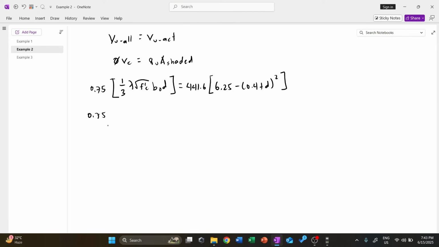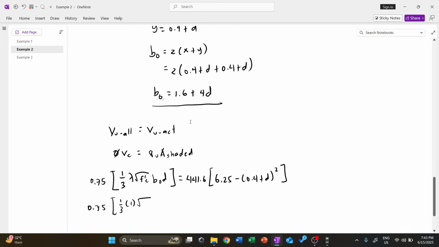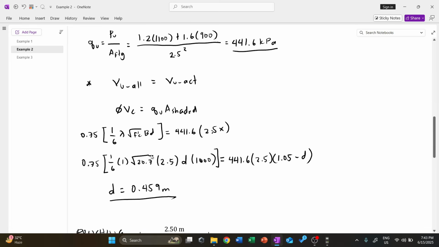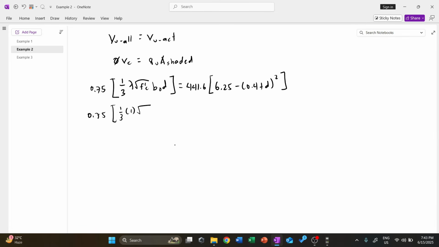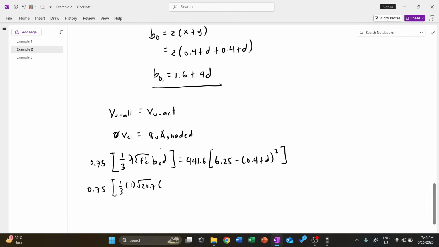0.75 times 1/3, lambda natin, walang binigay, times F prime C natin. Ano yung F prime C natin? 20.7. This is 20.7. Times yung BO natin ay in terms of D, okay, 1.6. Naka-meter na rin naman for D, times D. Okay, then, don't forget yung 1,000 dito sa left.